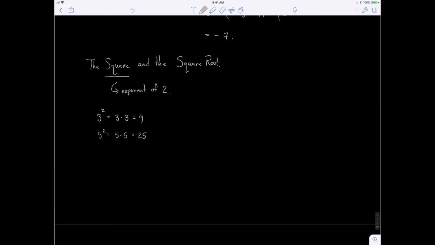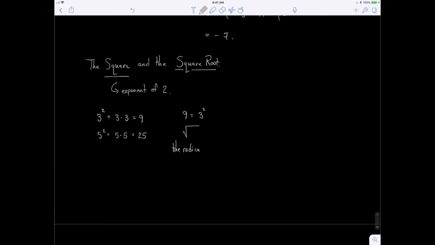Now, let's take a look at the undoing of the square, and that is the square root. So, if I have something like 9, you have to remember that 9 comes from the number of 3 squared. So if I want to find the square root, and we use this symbol here, it's called the radical.